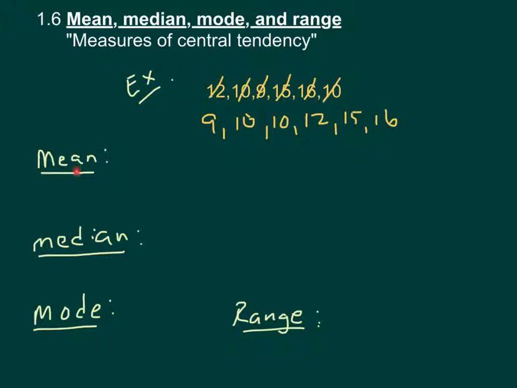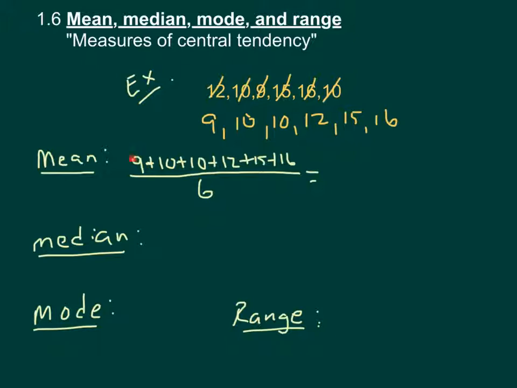All right. The mean we defined as the sum, or if I add all these numbers together, the sum of all these numbers divided by the total number of items. So in that case, I'm going to take 9 plus 10 plus 10, you can't see my plus signs very well, plus 12 plus 15 plus 16. It's the sum of all those divided by 1, 2, 3, 4, 5, 6, a total of 6 items.